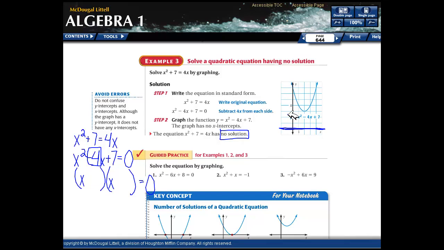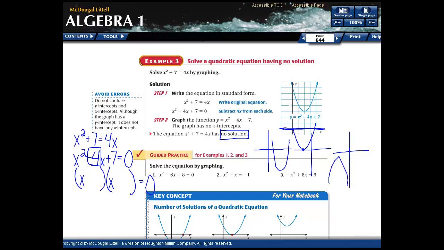Okay, so you're going to have two answers if your parabola crosses two different times. You're going to have one answer if your vertex is the only one that touches, so it looks something like that. Or you are going to have 0 answers, so no solution, if your parabola looks something like this.